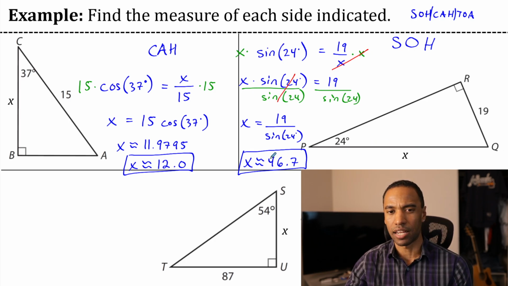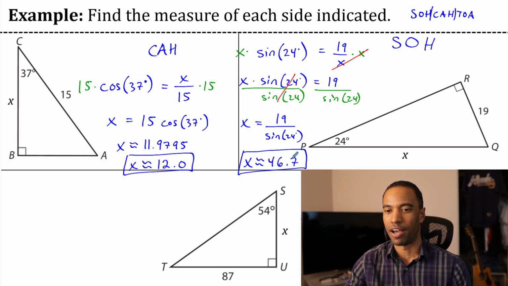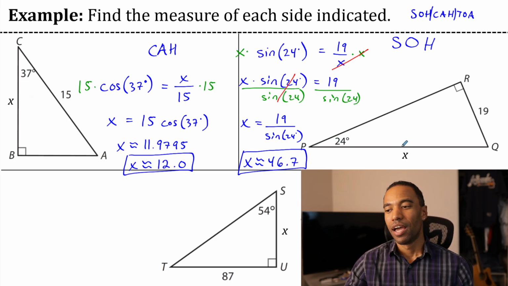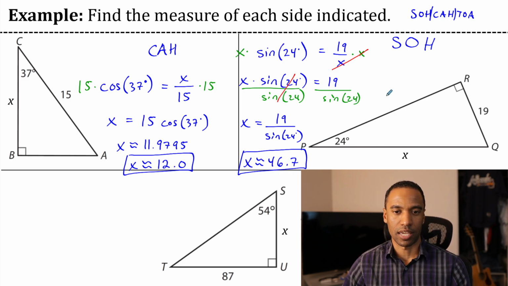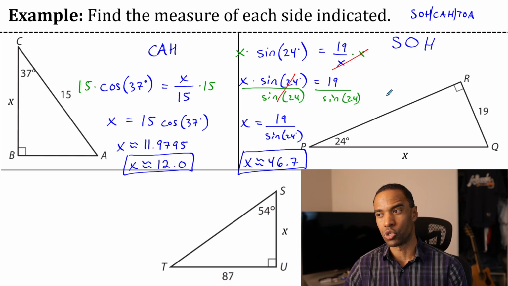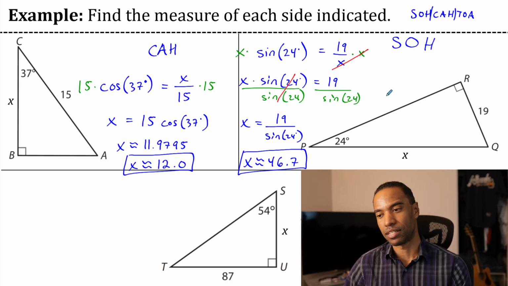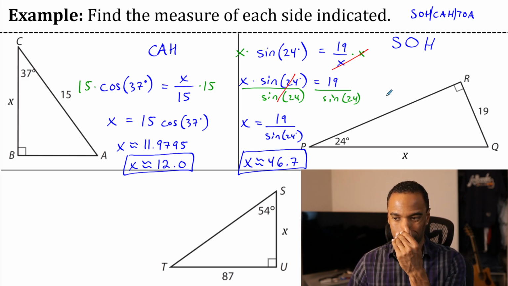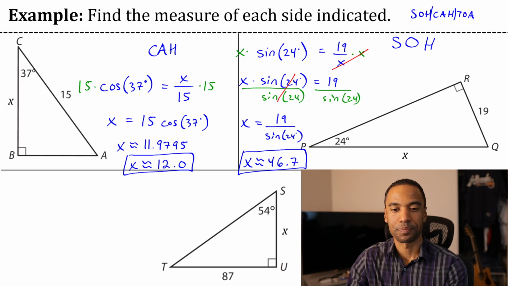It makes sense that it's getting a little longer. It's not just 20, it's not just 25. It's going to be a little bit longer there. So as a reality check, I'm going to trust the answer a little more. I might not know the answer's right, but I probably would be able to tell if the answer's wrong, and I can't tell if this answer's wrong here. This answer doesn't look bad to me.